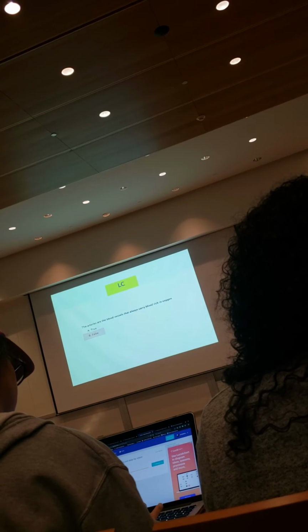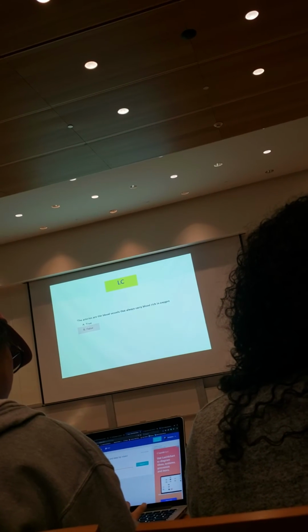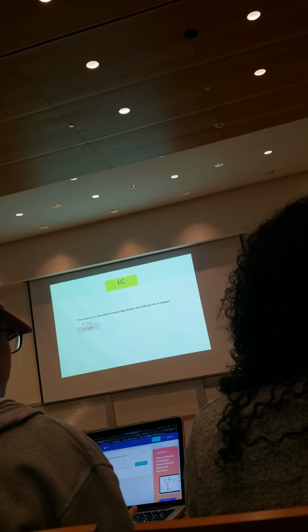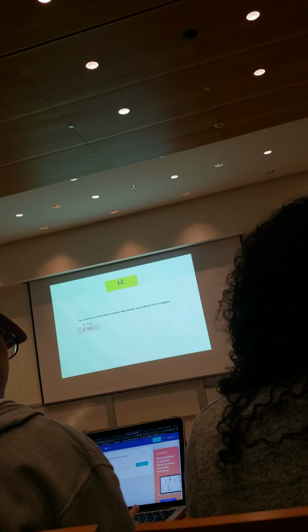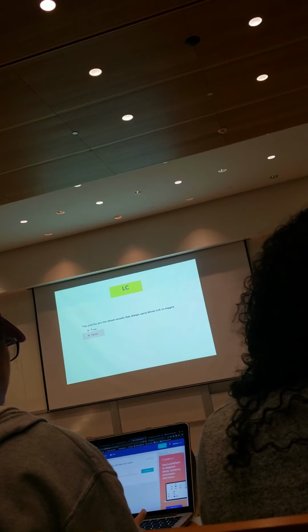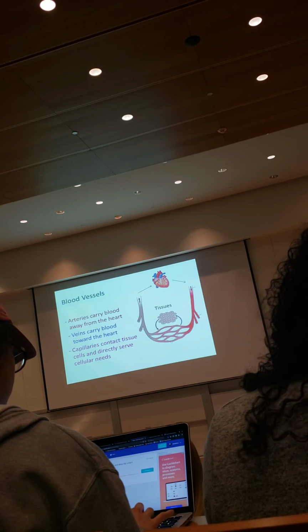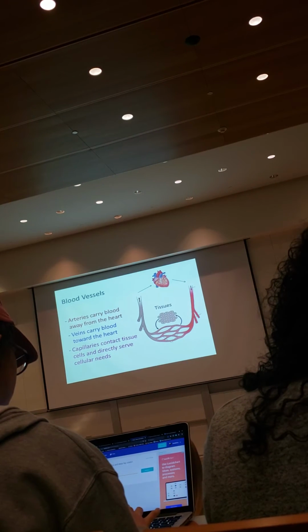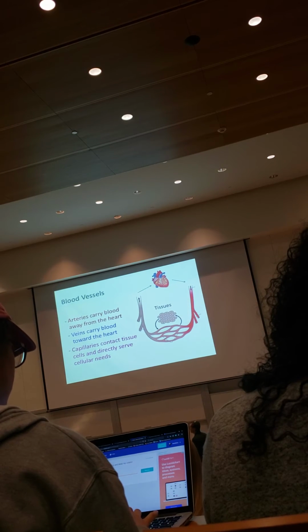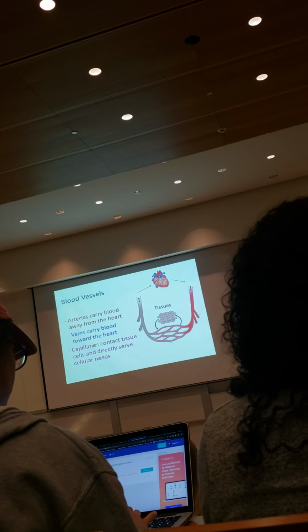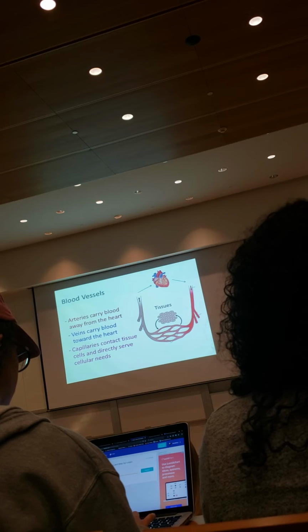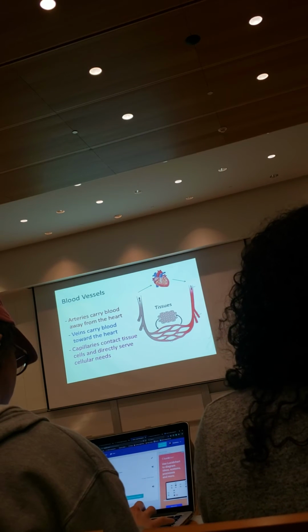But hey, we have the heart going to the pulmonary, going to the lungs, right? So how do we define arteries? Anyone know? Away from the heart, exactly. So arteries carry blood away from the heart. Veins carry blood towards the heart. Whether they carry oxygen-rich or CO2-rich blood depends on which circulation.